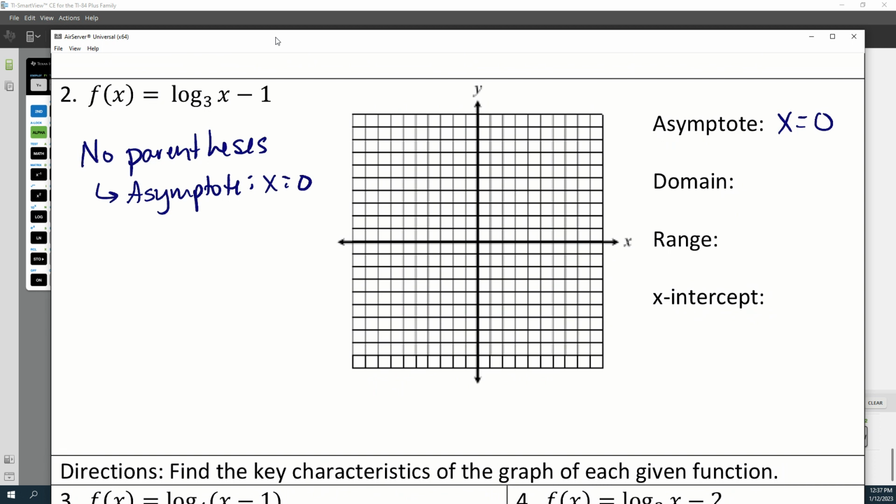All right, and then that means that the domain is that x is greater than 0. And all of these ranges are going to be all real numbers. And then we're going to have to look at the graph or look at the calculator to find the x-intercept.